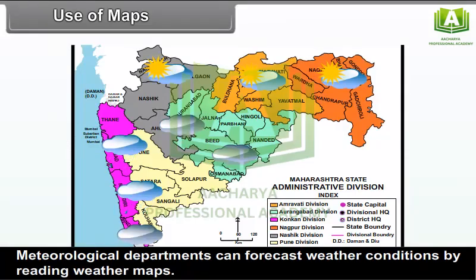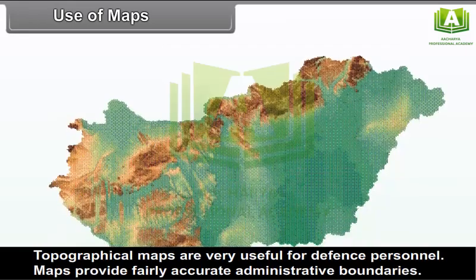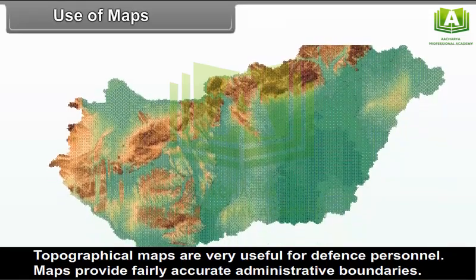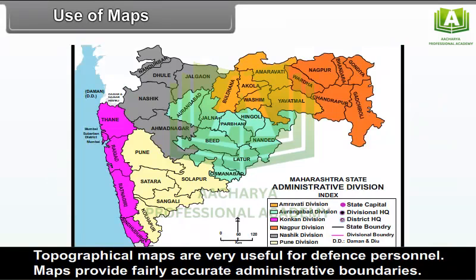Meteorological departments can forecast weather conditions by reading weather maps. Thematic maps are used by individuals according to their requirements like agriculture or forest maps. Topographical maps are very useful for defense personnel. Maps provide fairly accurate administrative boundaries.